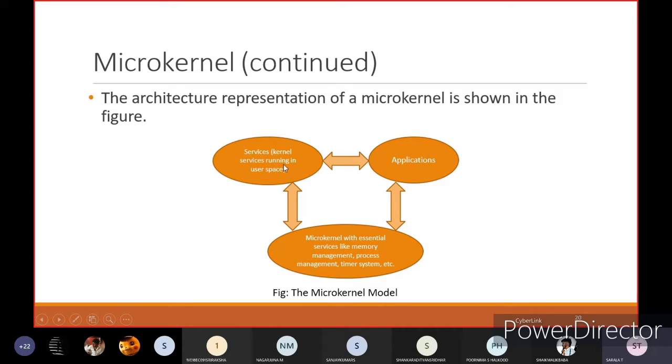Applications interact with both the user space and the microkernel space, because the functions and services are divided into two parts: one runs in the kernel space, and the other runs in the user space.